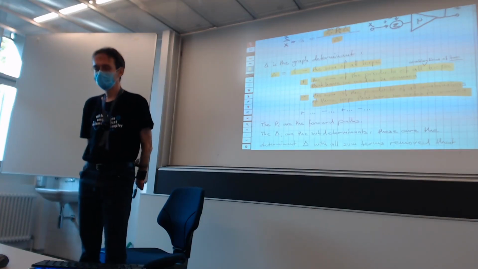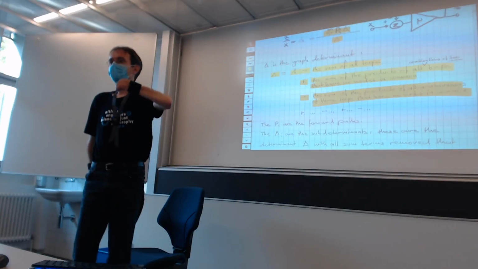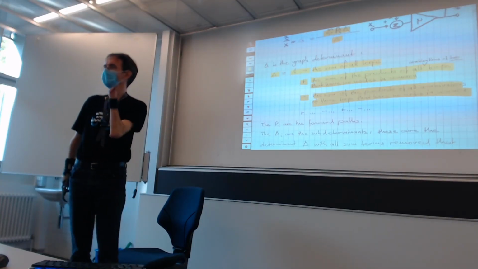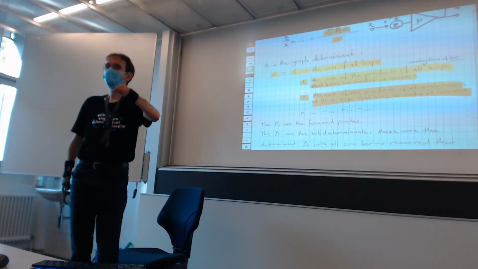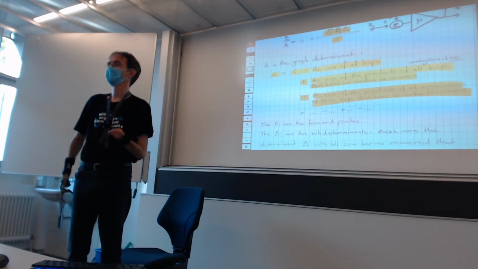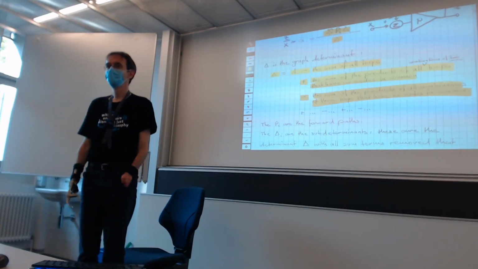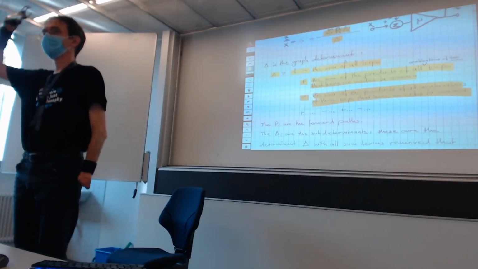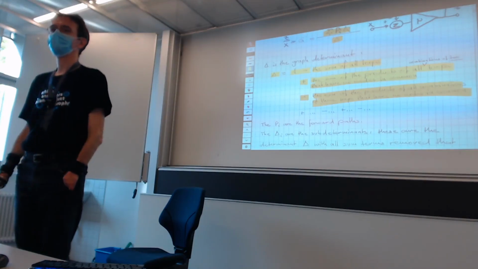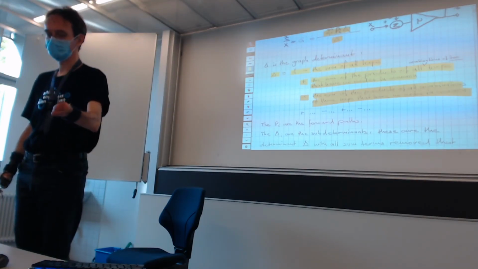So Mason's gain rule is actually a way to have an efficient sparse matrix solution of this equation system without writing down the equations. And this is why it is also sometimes used in the background in symbolic algebra tools. For you as the user, the idea is really, if you want to do that, you have to find all of the paths through that, and all of the loops, first the loops.